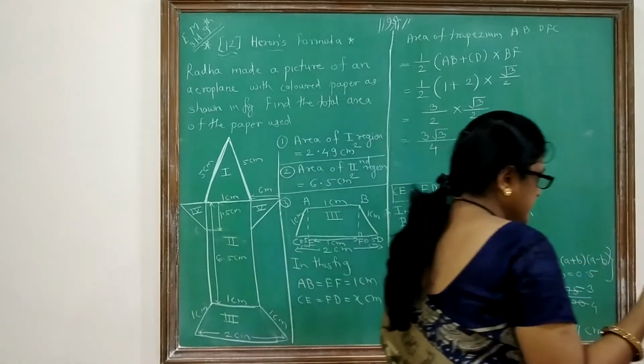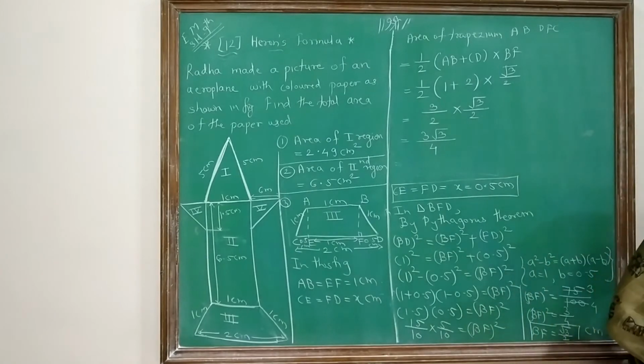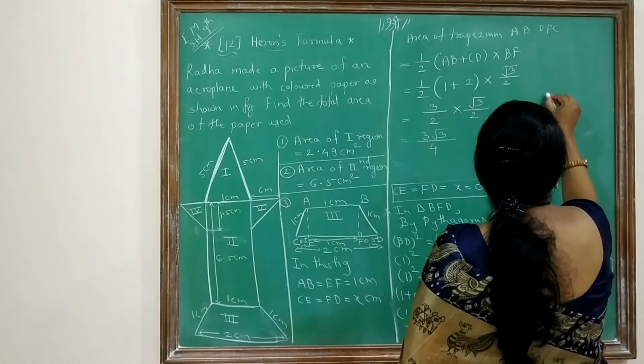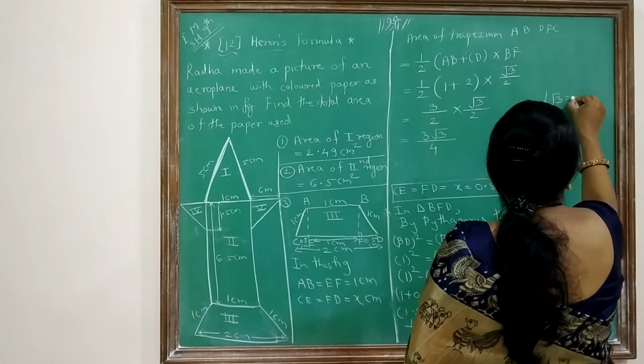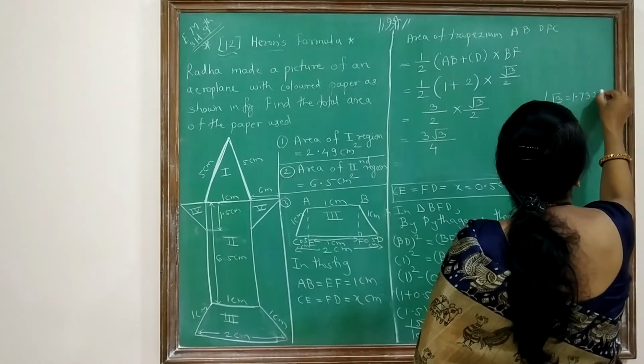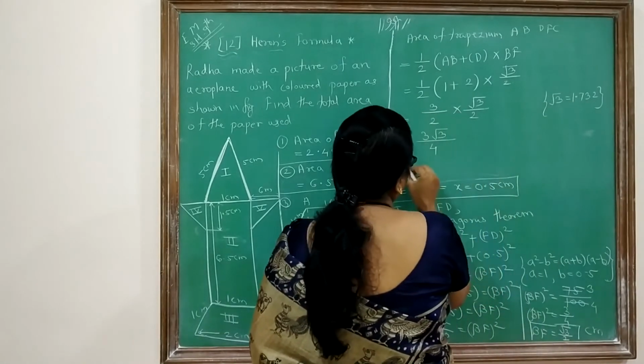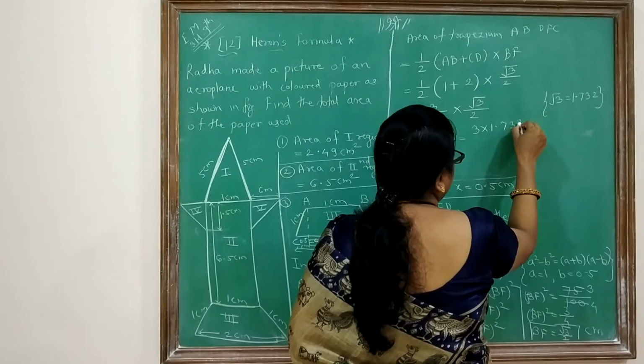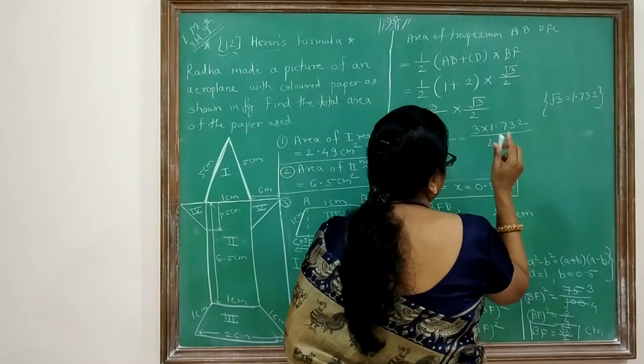Then what is your root 3 value that is given? 1.732. Then you will put here the value, that is 3 into 1.732 divided by 4.